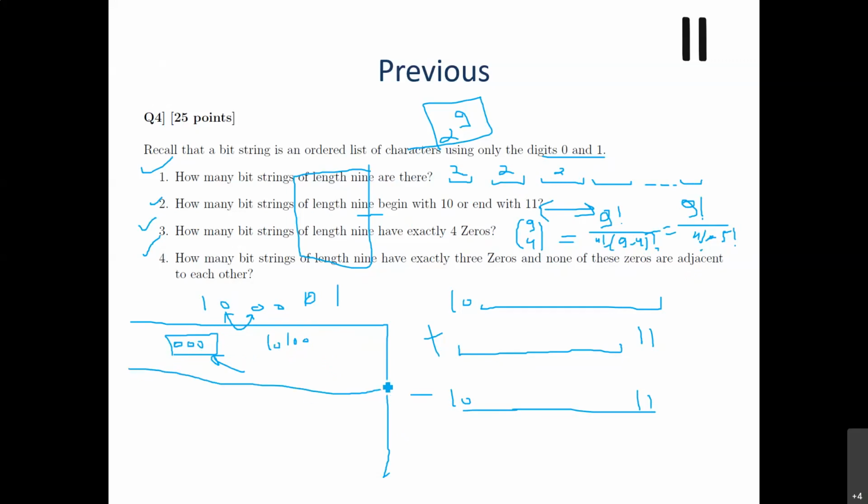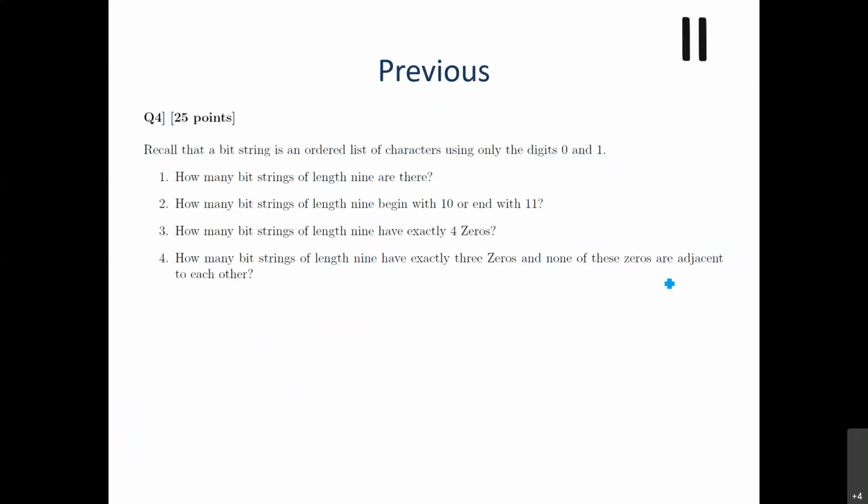This is one of those questions where it might be easier to try to do the opposite. What's easier than checking that none of these zeros are adjacent is to check the cases where they are adjacent. Step one, you have 9 digits. Then you want exactly 3 of them to be zeros.